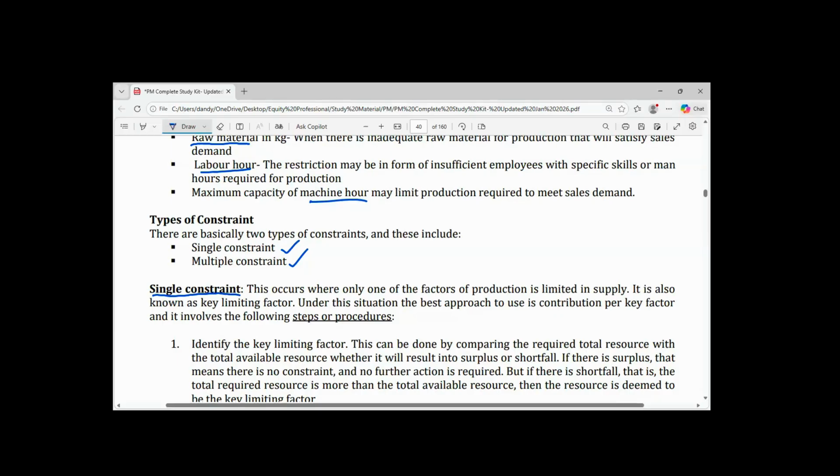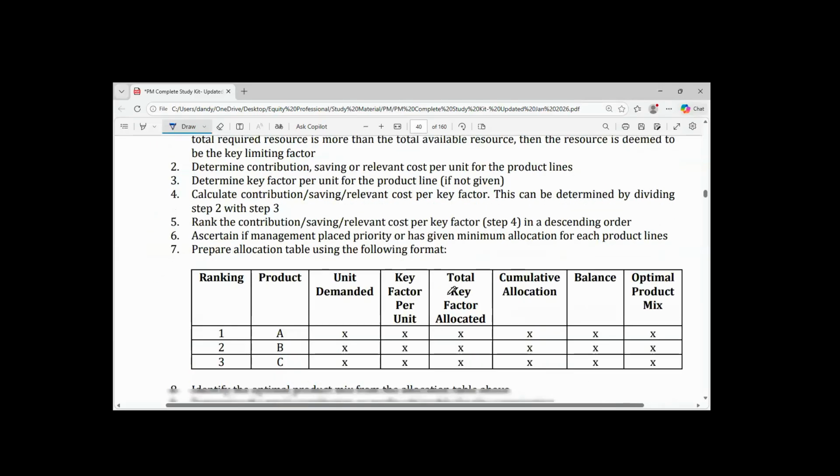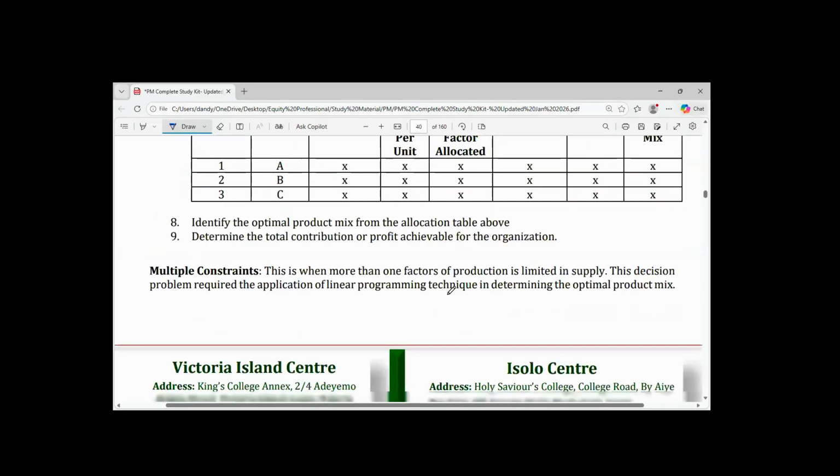The second one is multiple constraints. Where there are multiple constraints, it means that more than one factor of production is limited in supply. So under this situation, when there are multiple constraints, you cannot use optimal product mix. You cannot use the key limiting factor for the purpose of allocating limited scarce resources. In this case, you are going to use linear programming for allocating limited scarce resources.